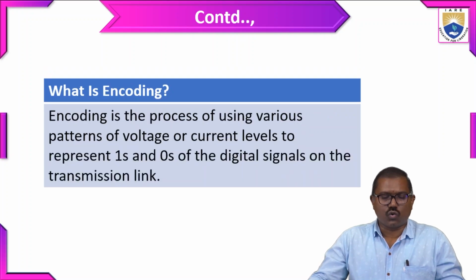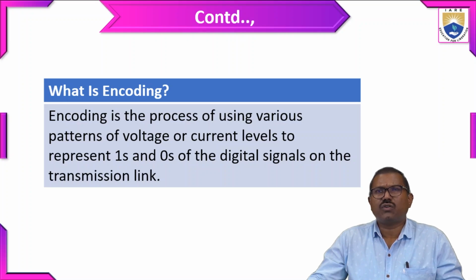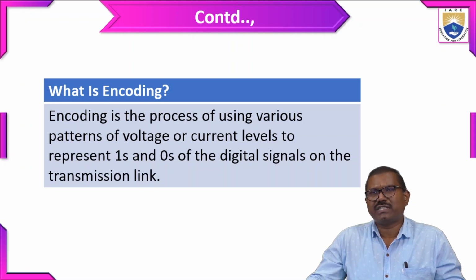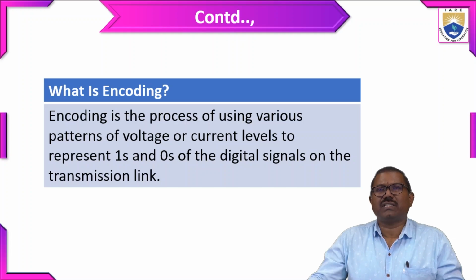Next, what is encoding? Encoding is the process of using various patterns of voltage or current levels to represent ones and zeros of the digital signals on the transmission link.